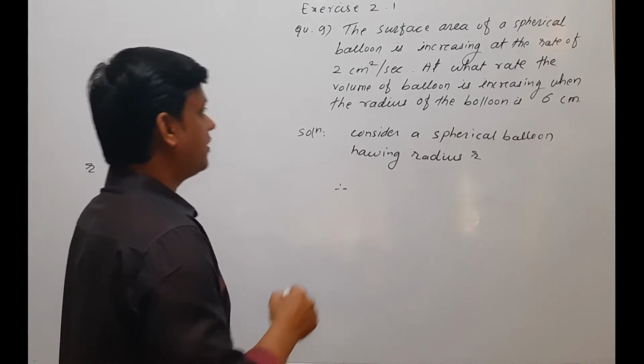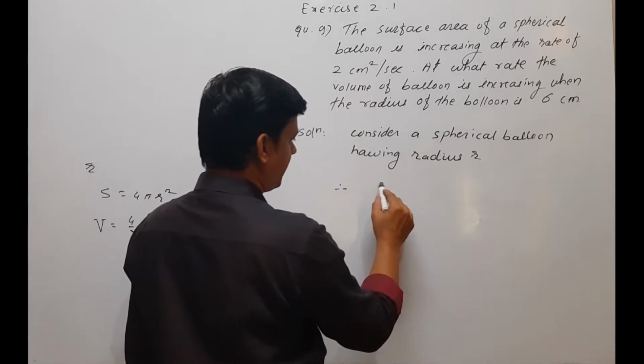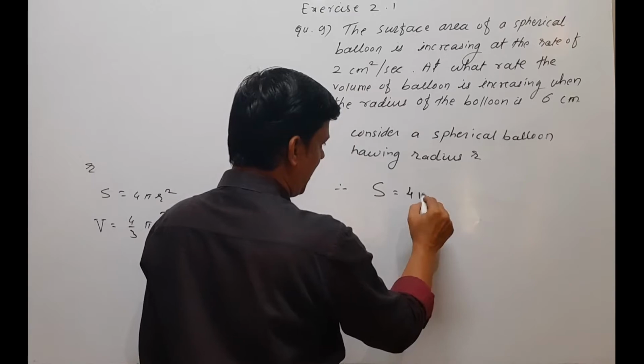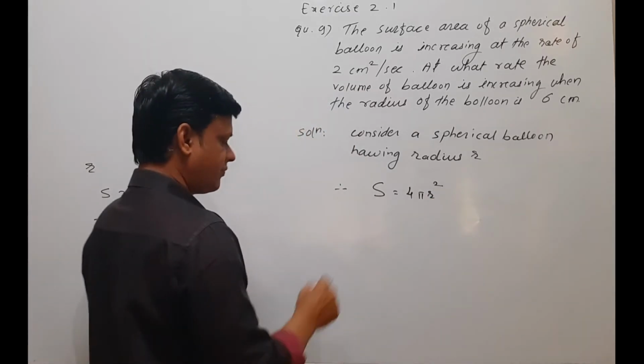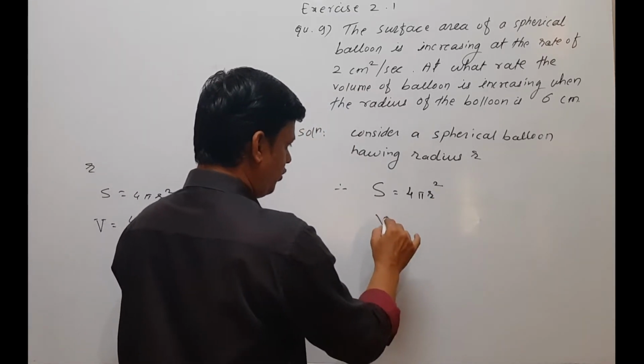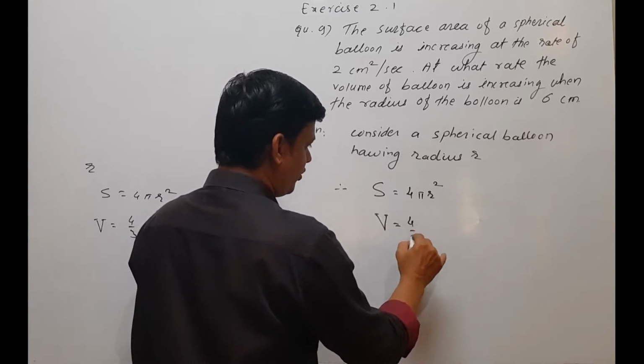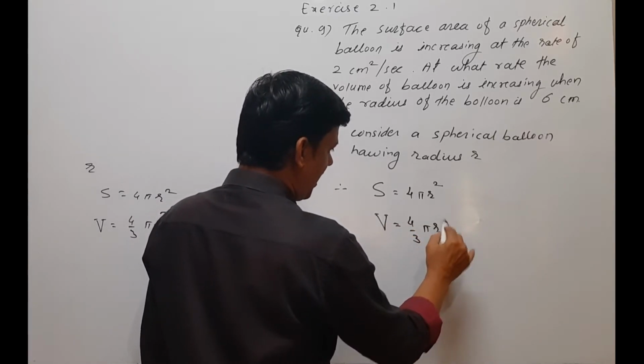Therefore surface area capital S is equal to 4 pi r square and volume capital V is equal to 4 upon 3 pi r cube.